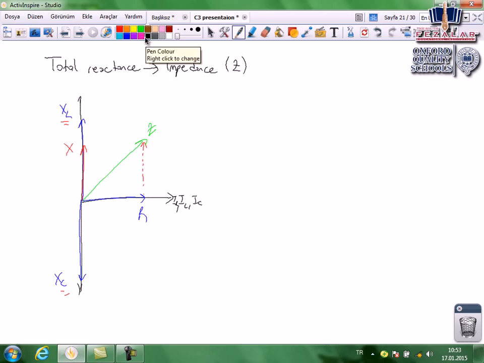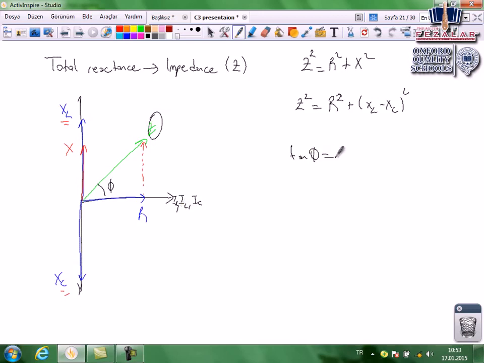We write the relation between impedance and the others: Z squared equals R squared plus X squared, and Z squared becomes R squared plus XL minus XC squared. Then tangent phi, where is phi? Here is phi, the angle between Z and current.